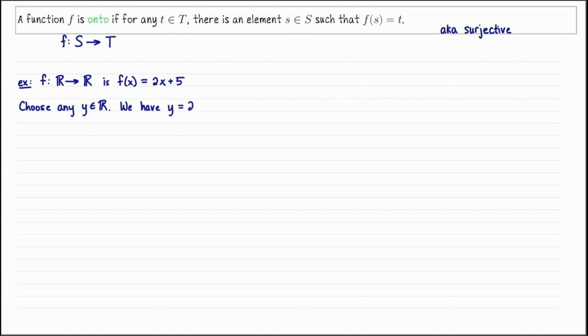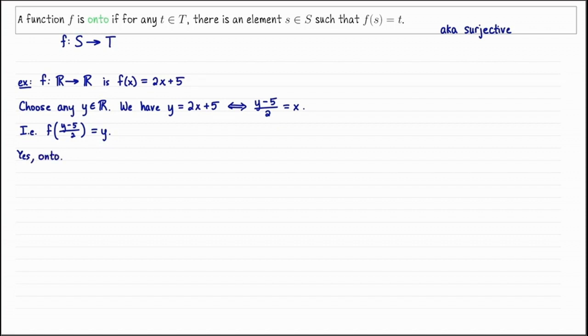So y = 2x + 5 if and only if (y - 5)/2 = x. In other words, f((y - 5)/2) will send you to your choice of y. So this is an onto function because it's possible to get to all possible outputs y.